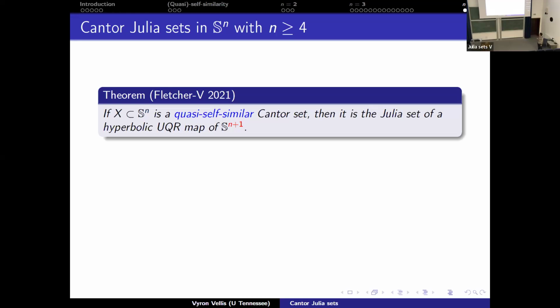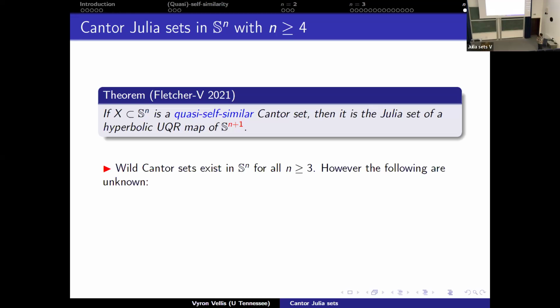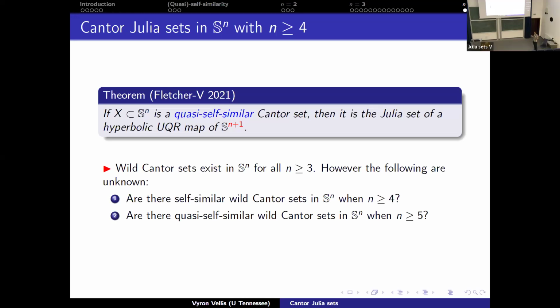Now, we do this because we are afraid of wild sets, right? And wild Cantor sets indeed exist in every dimension, very complicated construction. But it is unknown, 1, whether they can be self-similar, and 2, whether they can be quasi-self-similar.